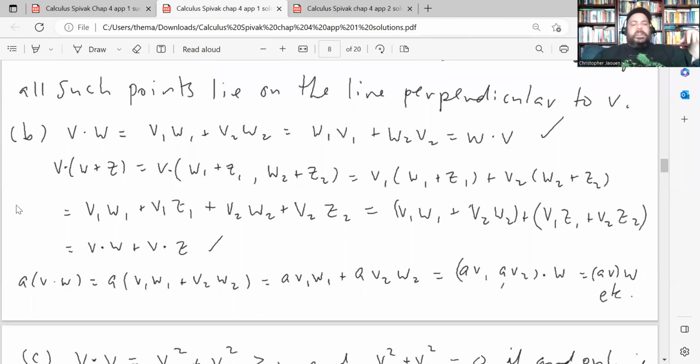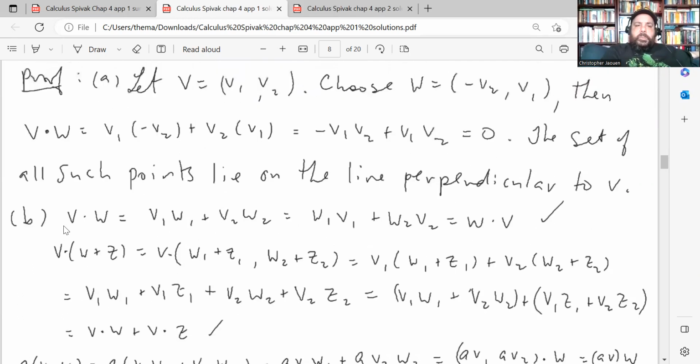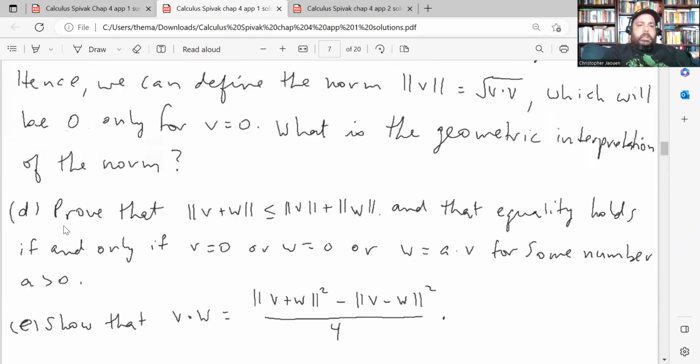Use the distributive property of real numbers to show the distributive law. And then same thing for scalar multiplication, just use the coordinates and use the associative law of real numbers and so on. I only showed one part here, but I just said etc. because it's similar. You just switch the A over to the other vector. Okay, so that's part B.